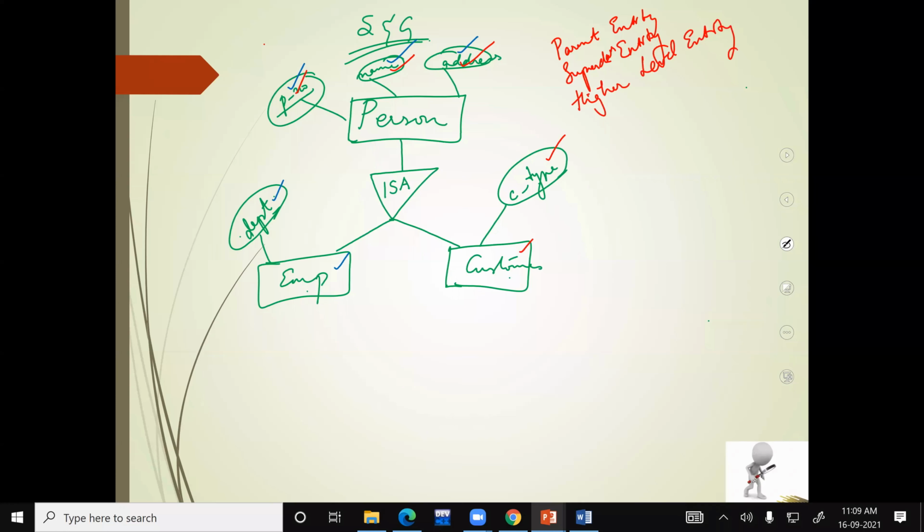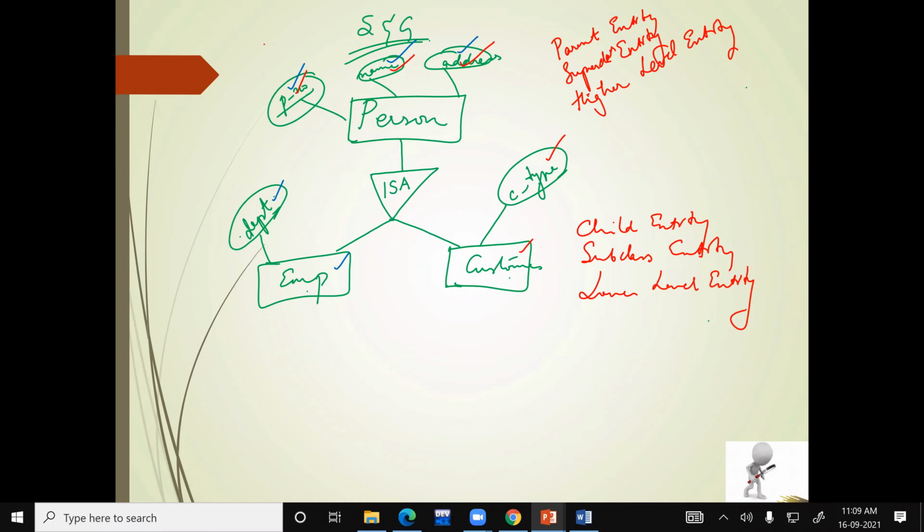The same way, the entities which are formed from the person, you can call the child entity, or the subclass entity, or the lower level entity. So these are the various names by which these kinds of entities can be called.